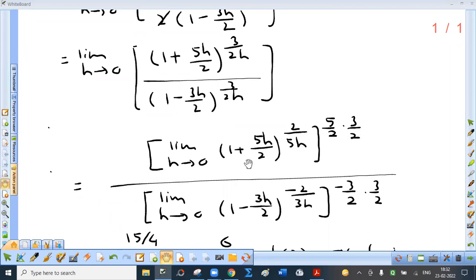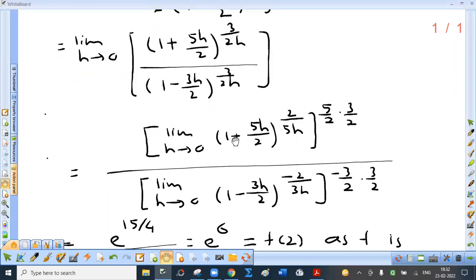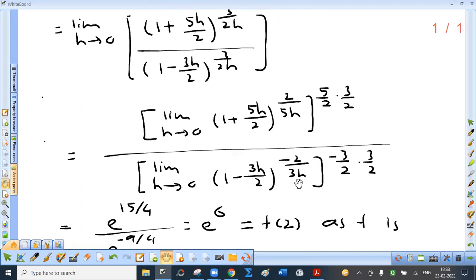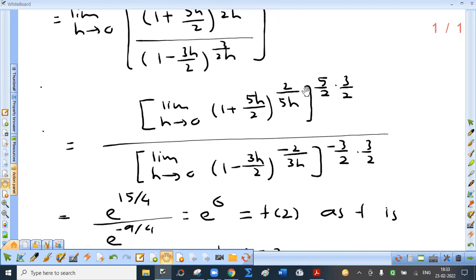If you verify, a raised to m raised to n is a raised to mn, yes, you get the same only. What about the denominator? The required index is the reciprocal of minus 3h by 2. So minus 2 by 3h, raised to again minus 3 by 2. So this constant gets cancelled, into 3 by 2. Now, this is nothing but e raised to 15 by 4 upon e raised to minus 9 by 4.